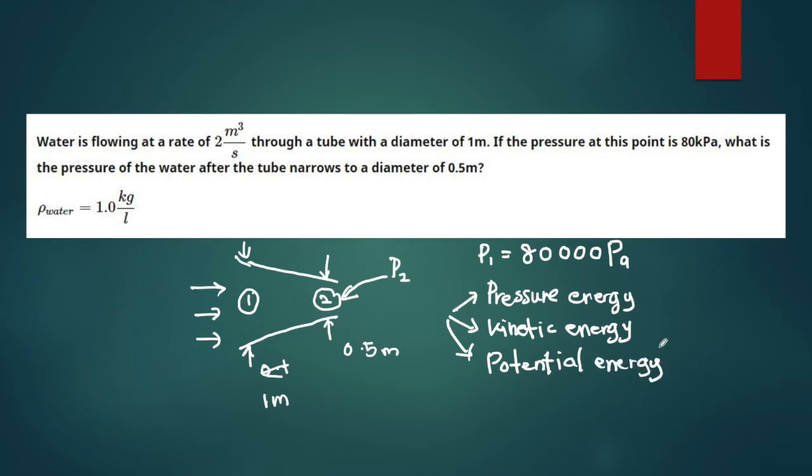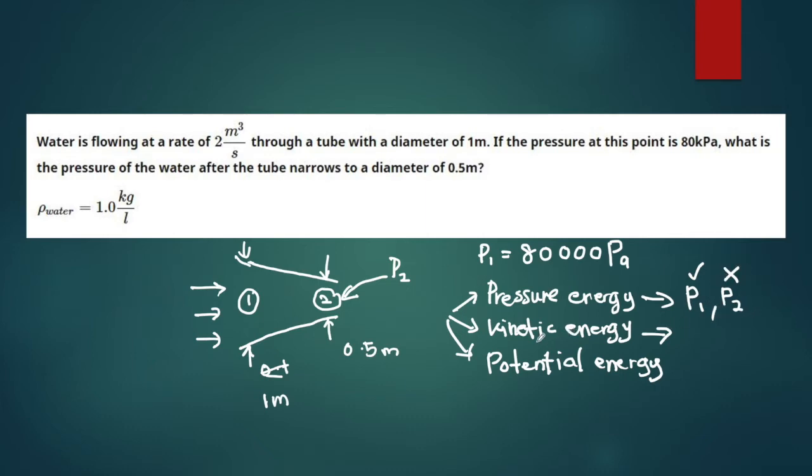Let's take a look at these energies one by one. For pressure energy, we have P1 and P2. In this question, we are required to find the pressure at point 2. Point 1 pressure has already been given, but P2 is not given. This is the aim of this question.